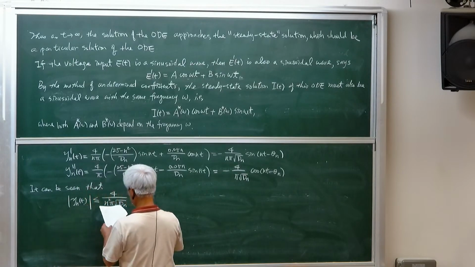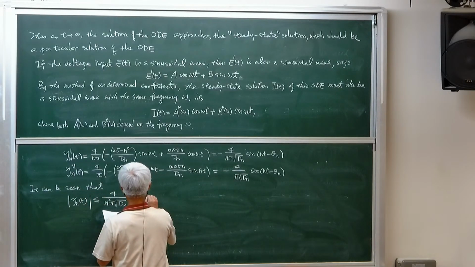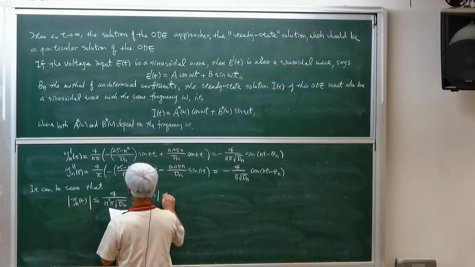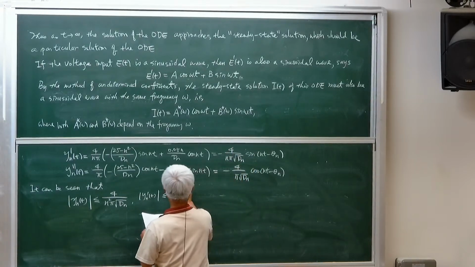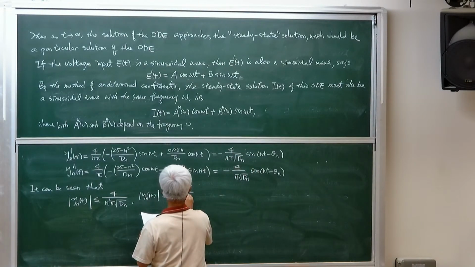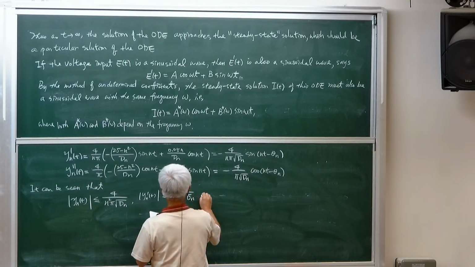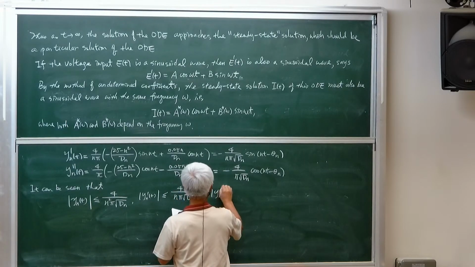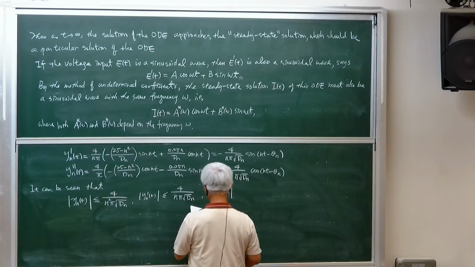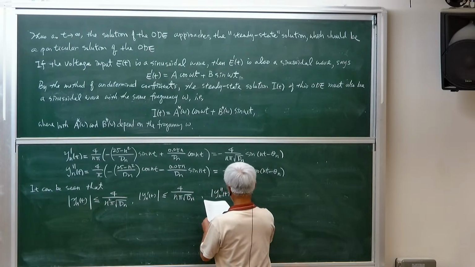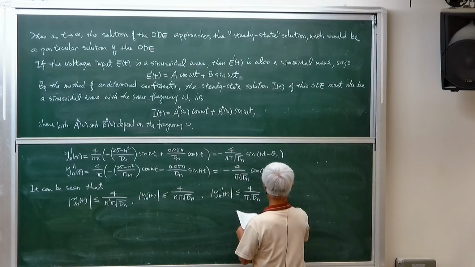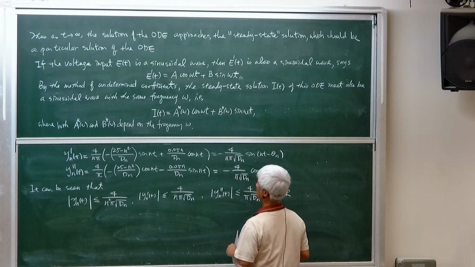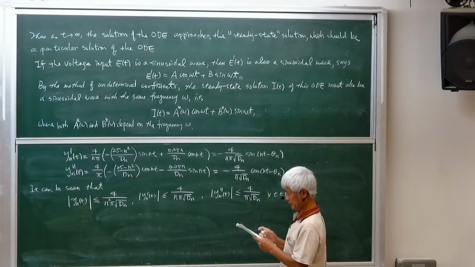So this is about y_n, and the derivative of y_n also has an upper bound. Again, from here we know the upper bound is 4 divided by n pi square root of D_n. And finally, the second derivative is upper bounded by 4 over pi square root of D_n, for all t in R. So we have upper bounds.